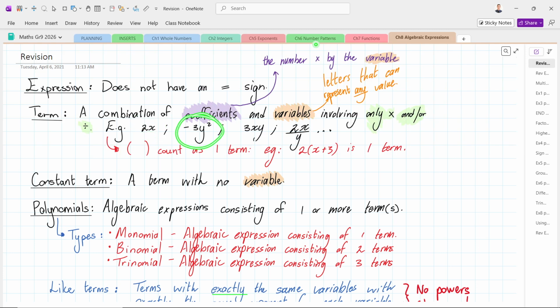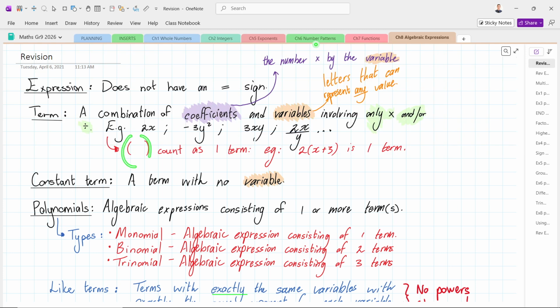Negative 3y squared, negative 3 is the coefficient, the sign goes with the 3. Y is my variable, it is being squared, but squaring is just another form of multiplication. Even over here we've got two variables, x and y, 3 is the coefficient, and here we've got a division of a variable, but it still all counts as one term.